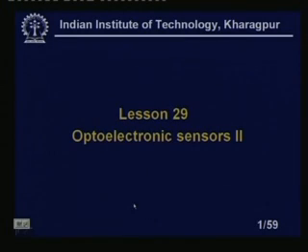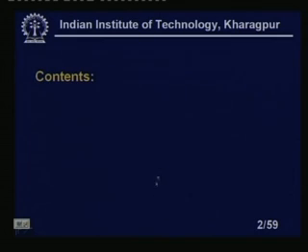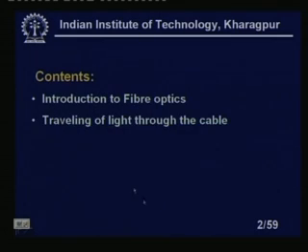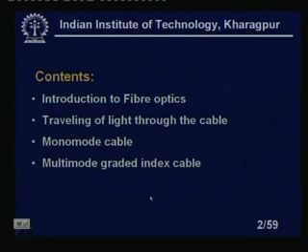Optoelectronic sensor 2 contains an introduction to fiber optics, travelling of light through the cable, then monomode cable, multimode graded index cable, and fiber optic sensors. These are the basic things which we will cover.